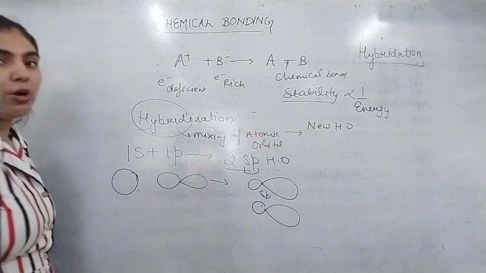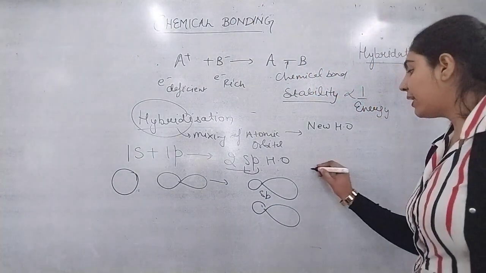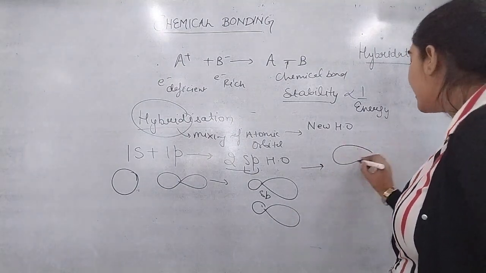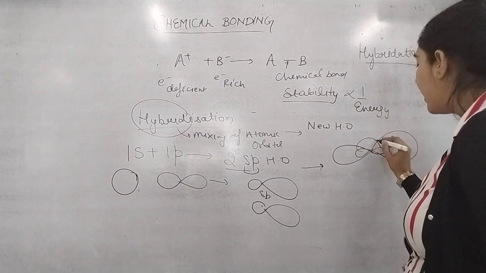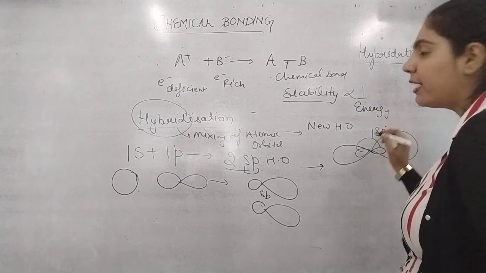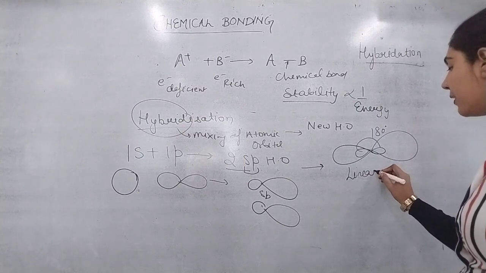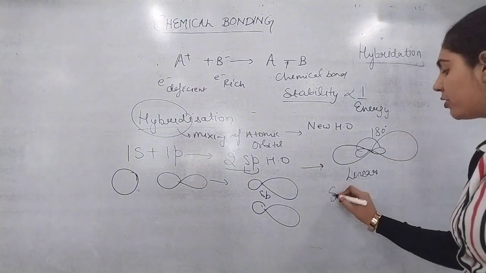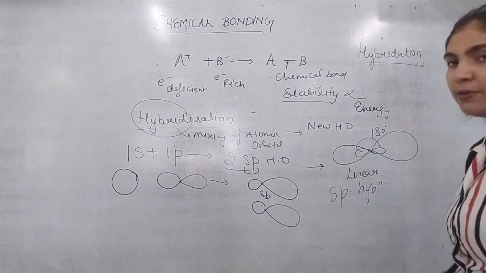On combining, the two sp orbitals make an angle of 180 degrees, the shape will be linear, and the hybridization will be sp hybridization.